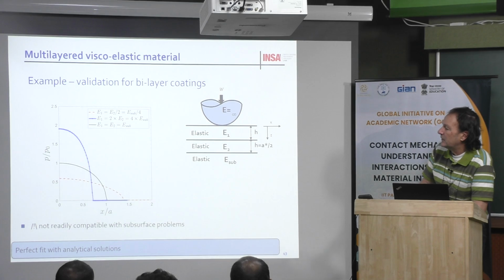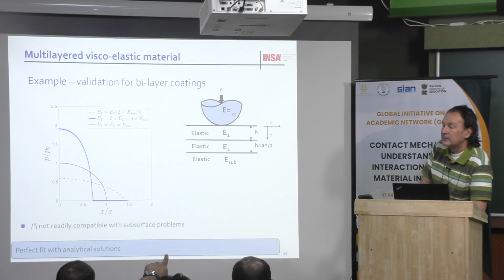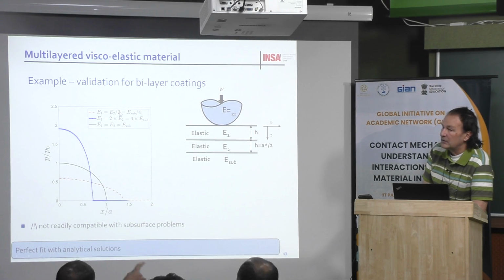So in the first case, where E1 is less than E2, by 2 and E4 by 4, that corresponds to a soft coating, right? The first one? Yes. And the other one, the blue one, stands for the hard coating, when the coating is harder than the substrate.